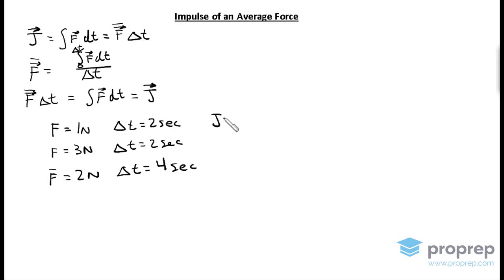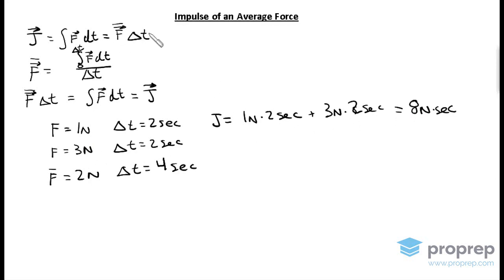So J, the impulse, equals 1 Newton times 2 seconds, which is our F1, so to speak, plus 3 Newtons times 2 seconds, which is our F2, again, so to speak, and that equals 2 plus 6, which is 8 Newton-seconds.